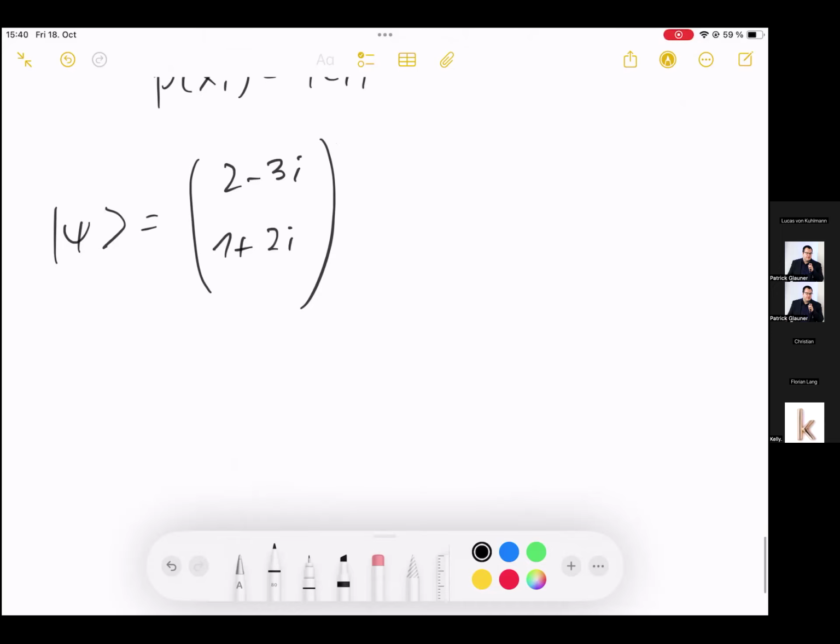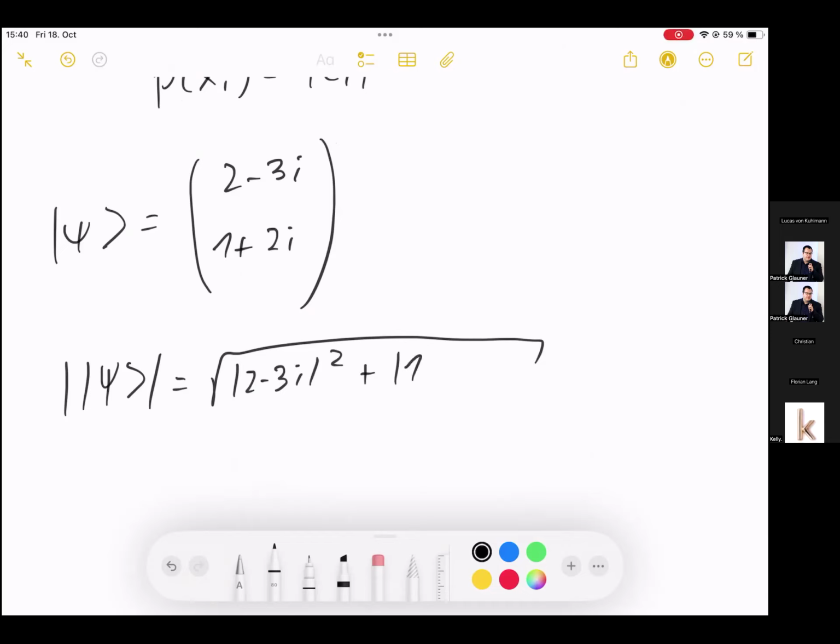So we can first calculate its length, which is 2 minus 3i modulus squared plus 1 plus 2i modulus squared. You can think about what this could be and send the answer to the chat, and we'll compare this momentarily.